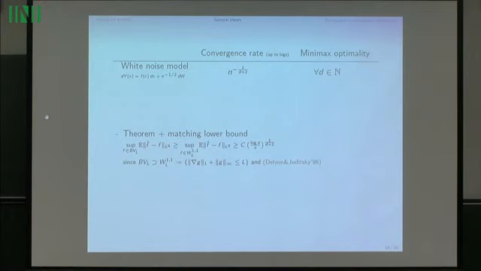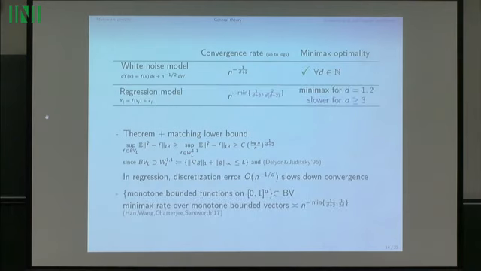But there is something interesting, namely that if you look at the regression model, which is, I mean, I always think of this white noise model as a kind of theoretical way of not dealing with discretization problems. If you look at the regression model, which is more intuitive, and you scan the values of the function at each point, there is a discretization error coming in, and this comes in part because the functions of bounded variation are so irregular.